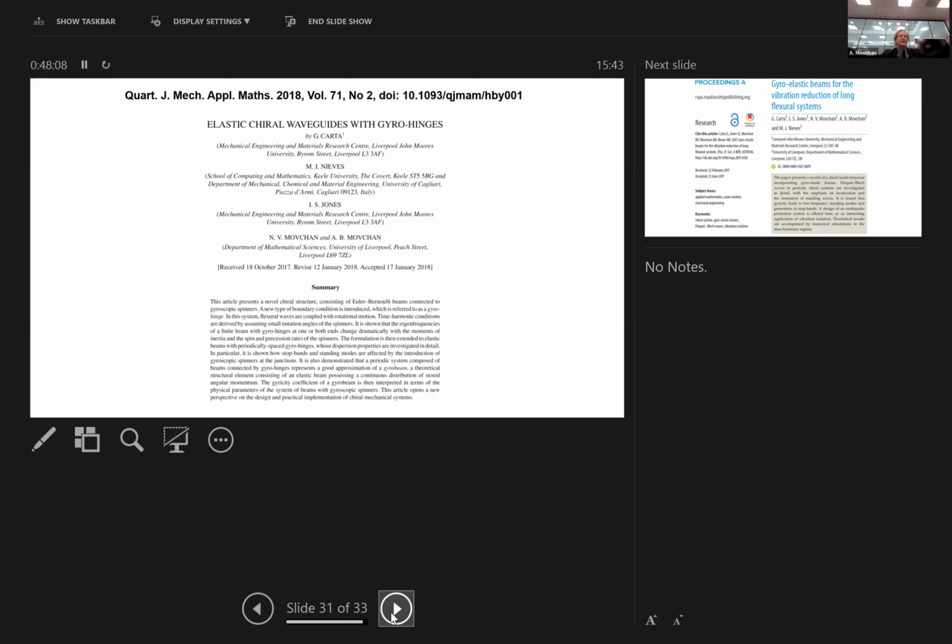So if it's a flexural beam, then there is no resistance to rotation. But if you stick a gyroscope, then of course it does provide resistance, but it's a gyroscopic resistance. It provides coupling between two transverse displacements.